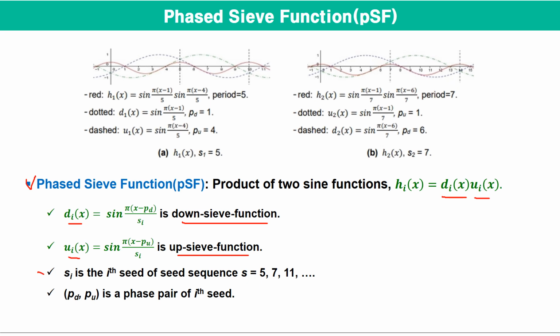Si is the ith seed of the seed sequence, and (PD, PU) is the phase pair of the ith seed. We showed seeds 5 and 7, and you can verify the down phase, up phase, and period.